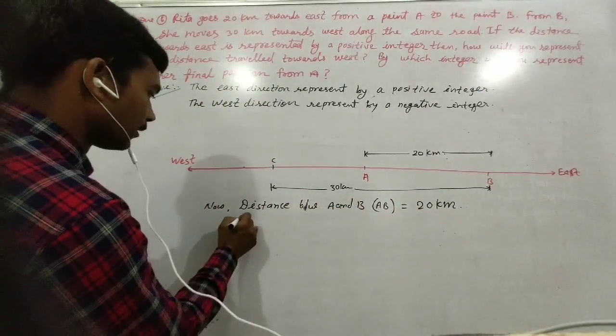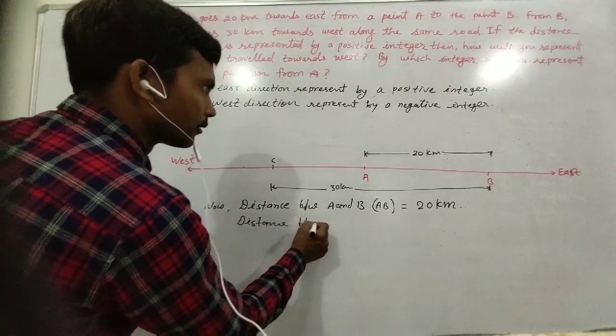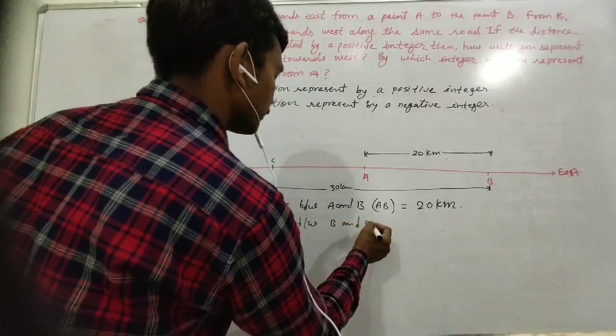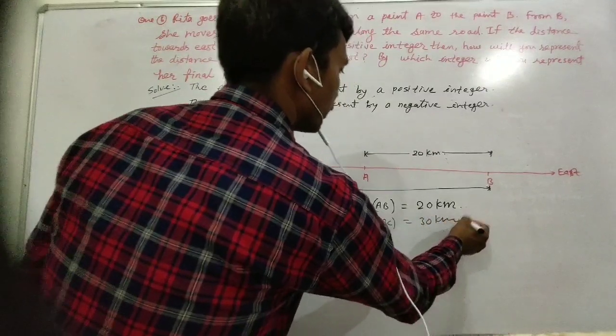Then the distance between B and C, BC, equals 30 kilometers.